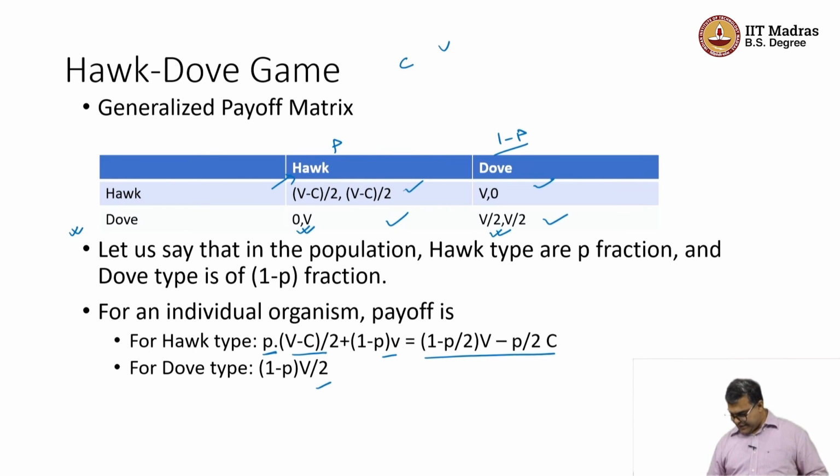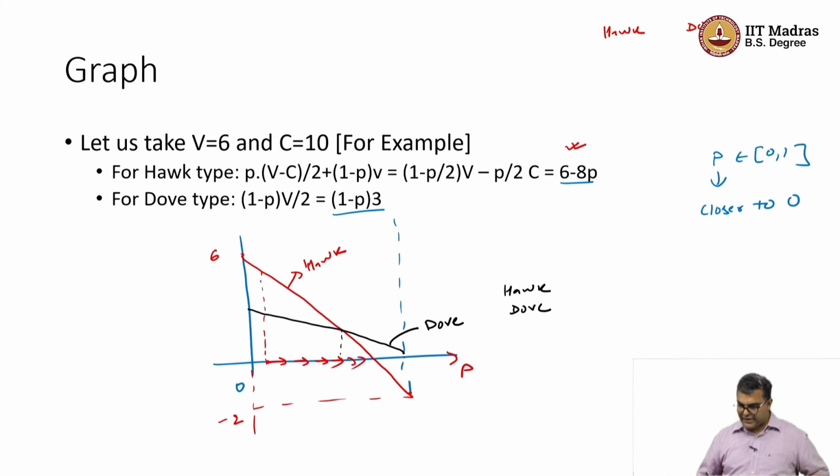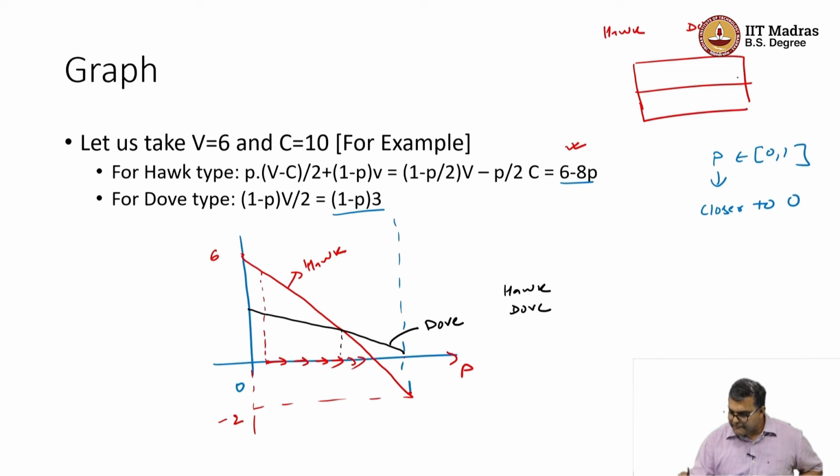We can check here, in hawk population if dove are introduced. We have already taken v is equal to 10 and c is equal to 6. So, we can write here (v minus c)/2, this is the minus 2, 10, 0, 0, 10 and 5, 5. This is what we have. You can also check what happens here.